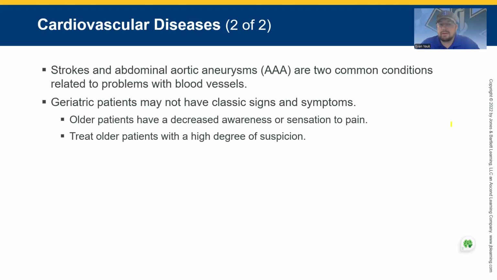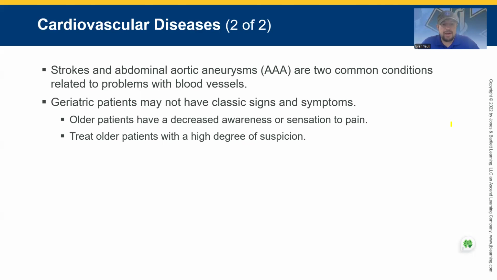AAA is the separation of the aorta. That aorta can actually get a split in it. That void begins to fill with blood, and then we can rupture that aorta, and that's a bad deal.